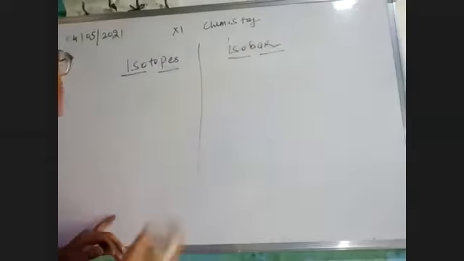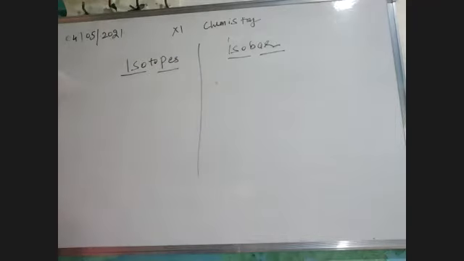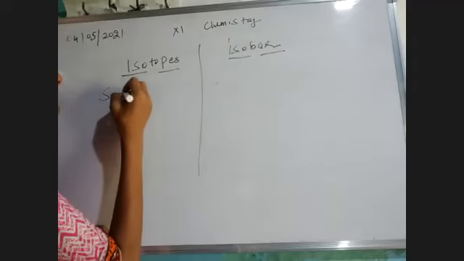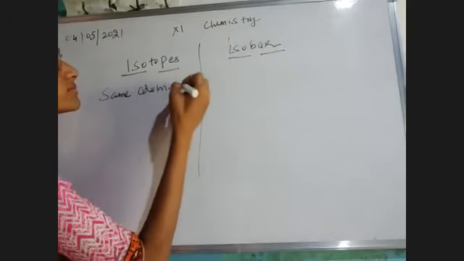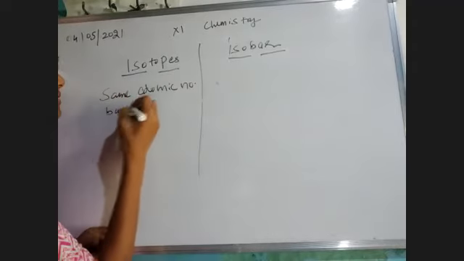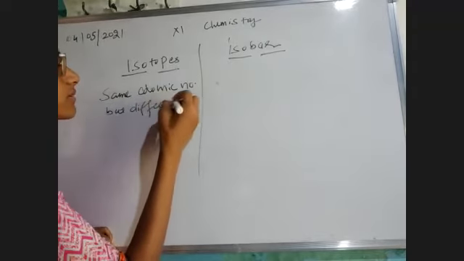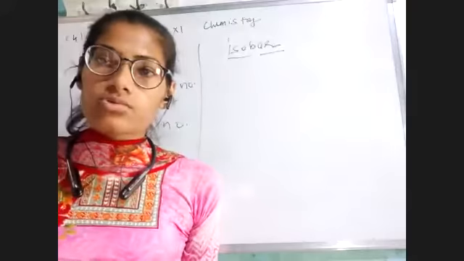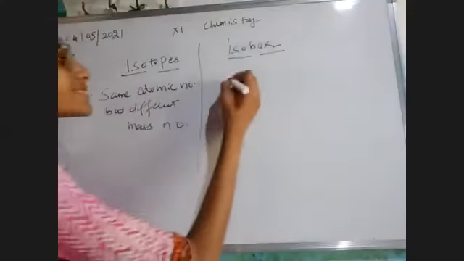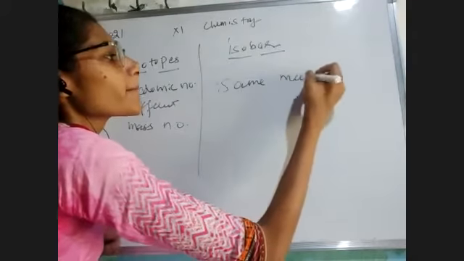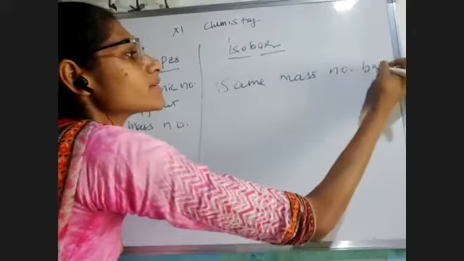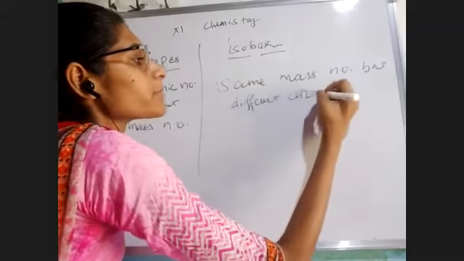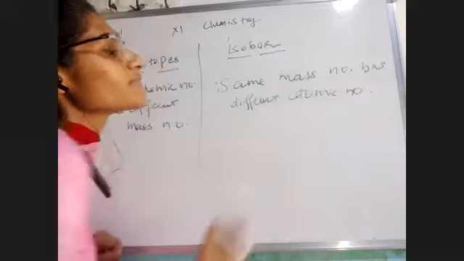Isotope is same atomic number but different mass number. Whereas isobar is just the reverse of it, which explains same mass number but different atomic number.